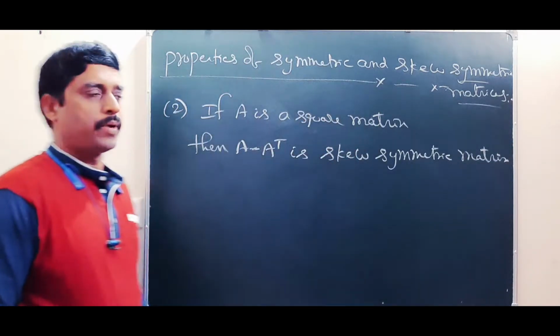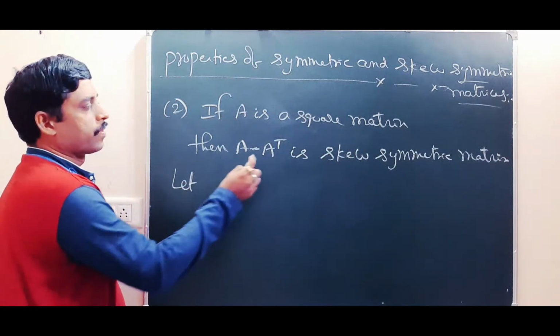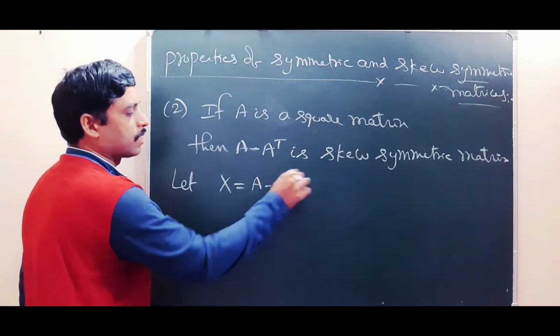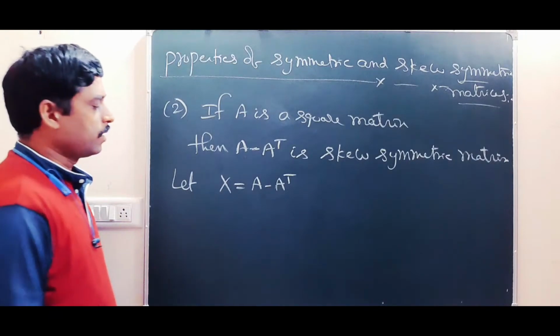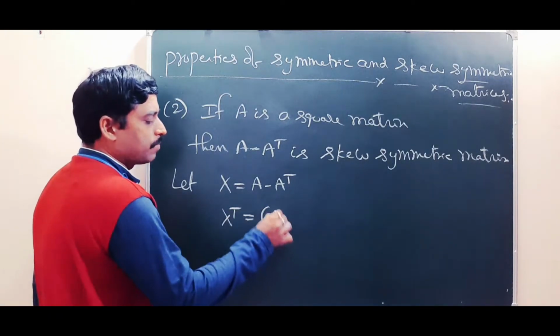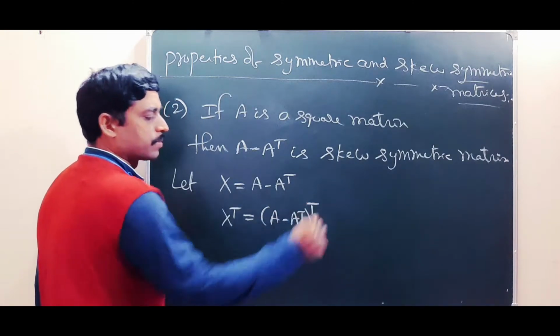Okay, now explain this point. Let us take A minus A transpose as X. X is equal to A minus A transpose. Taking transpose on both sides, X transpose is equal to (A minus A transpose) whole transpose.